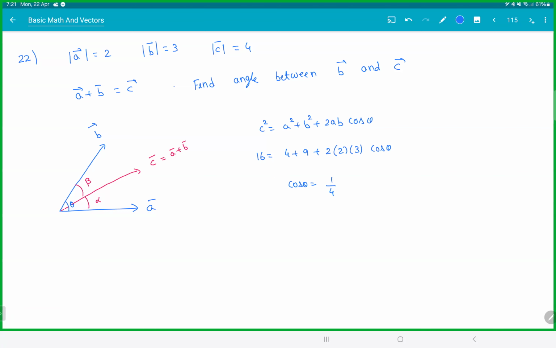Did I mess up something? 16 minus 4 is 12, minus 9 is 3. This is 12 cos theta. Yeah, cos theta is 1 by 4.